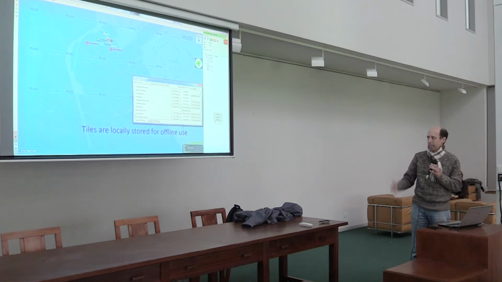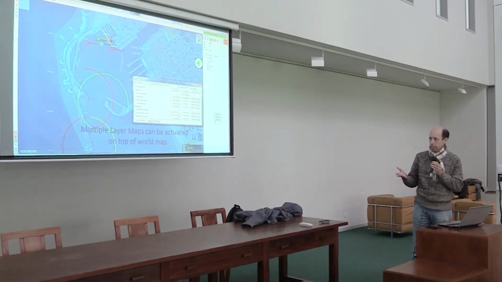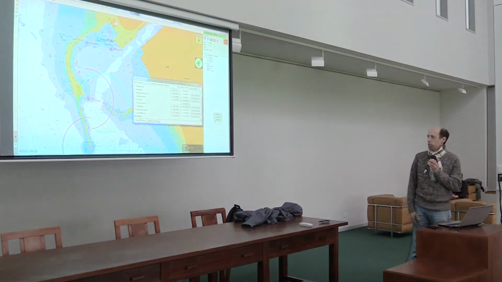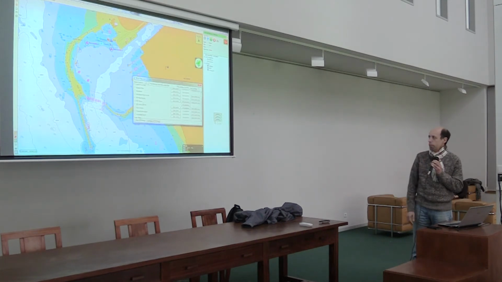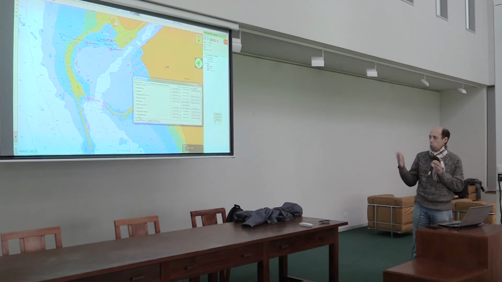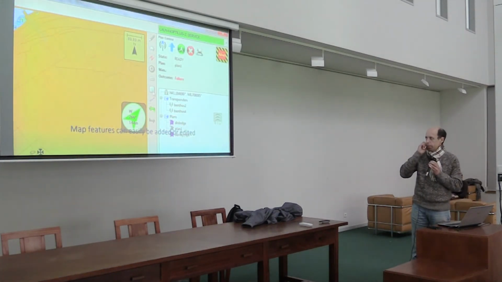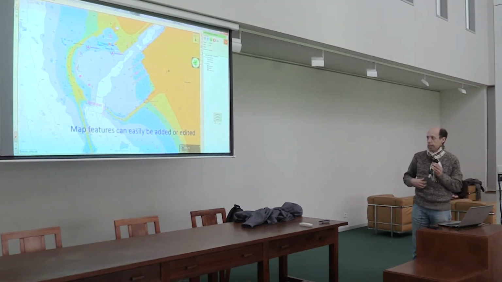You can get the data from Google Maps or OpenStreetMap and activate it. Those tiles get cached, so you can use them offline later if you don't have internet. You can also add nautical charts, which have more information, so you can extract data from them, like the soundings.